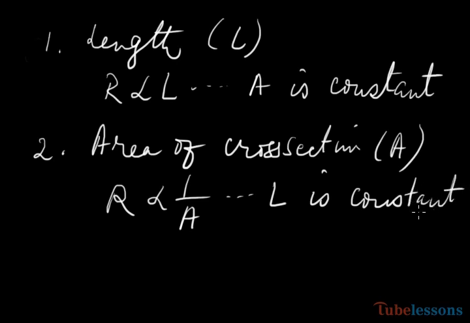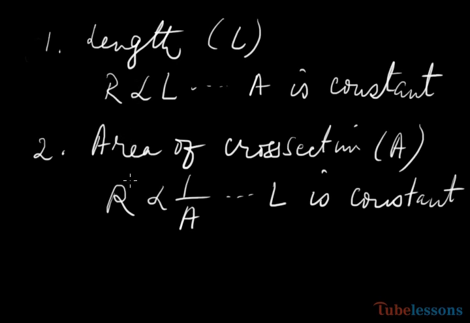If the area of cross section of a conductor is increased, then resistance will be decreased at the same rate. So resistance is inversely proportional to the area of cross section. These are the two main factors, length and area of cross section, with which resistance is related mathematically. That is, resistance is proportional to length and inversely proportional to area of cross section.